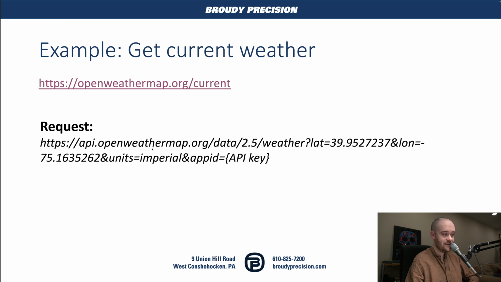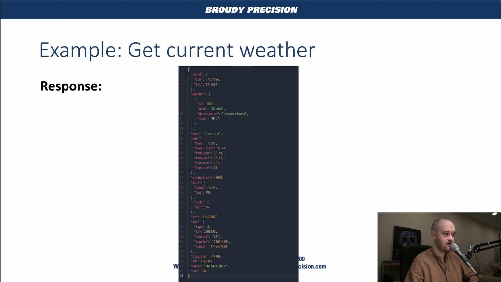I actually added in one of the optional parameters into this API call that is basically setting the units to be imperial, because by default, this API wants to give you Kelvin as the default units, which obviously is not so much of use to us. And then our API key, that's an important piece, because without that, the API is just going to come back and say, you don't have access. I'm not going to do anything for you.